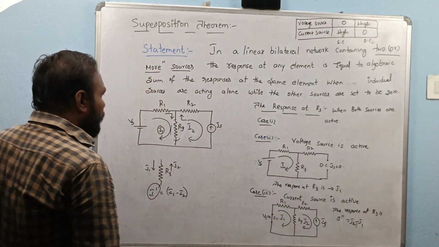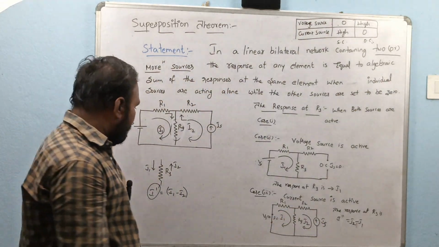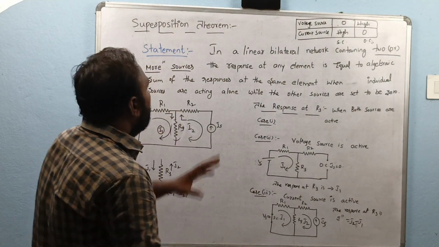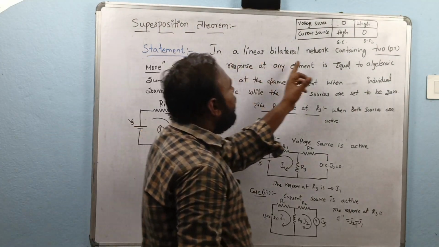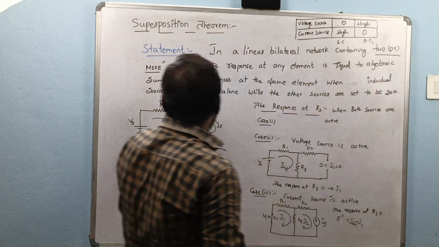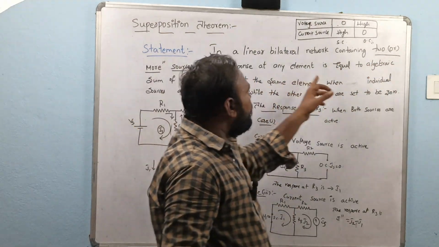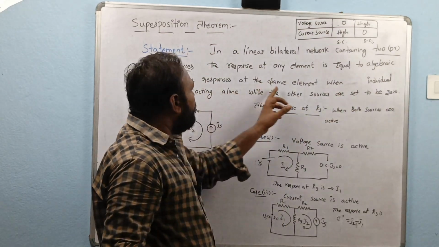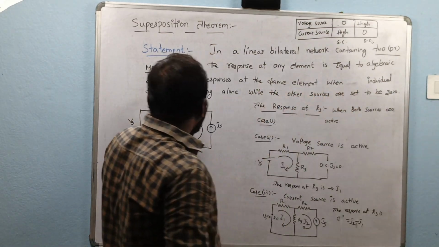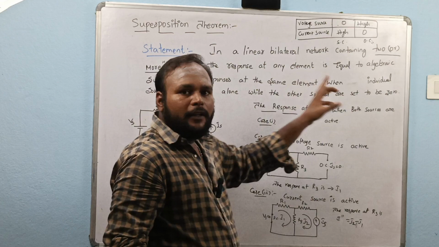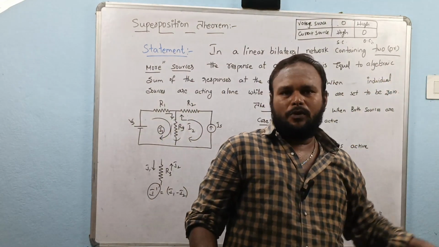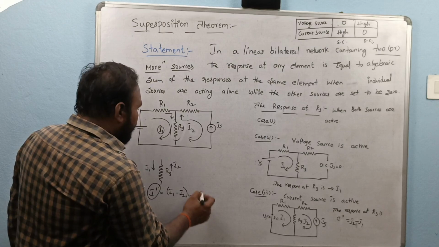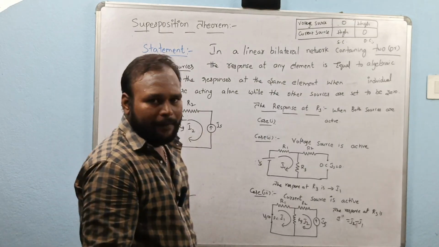Now see. Finally, what is our statement? In a linear bilateral network containing two or more sources, the response at an element, any element, is equal to the algebraic sum of the responses at the same element when individual sources are acting alone while the other sources are set to 0. So what is the current? This is the current when both sources are acting at a time.